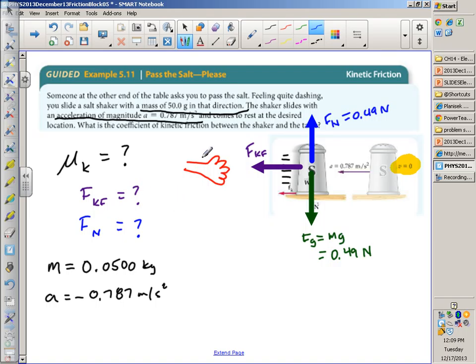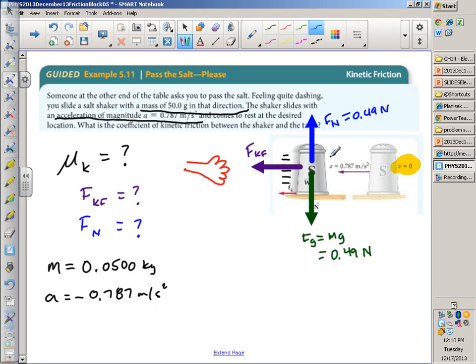As soon as that salt shaker leaves the hand, there is no forwards force. The hand only pushes forward on the salt shaker when it touches the salt shaker. As soon as it leaves your hand, that force isn't there anymore. But the salt shaker still moves forward.